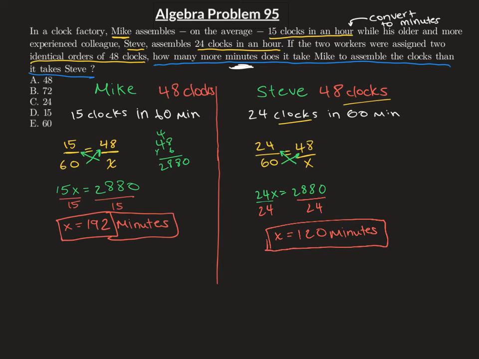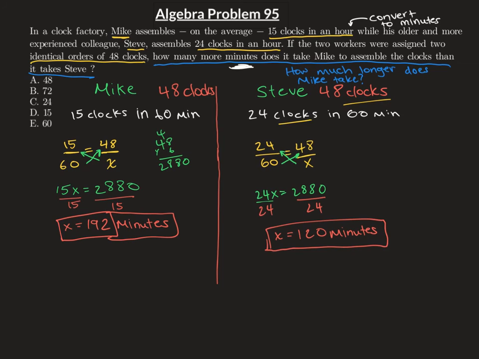So now we have both timings for how long it'll take each person. We're not at our final answer yet. Let's go back to the question. How many more minutes does it take Mike to assemble the clocks than it takes Steve? That's essentially asking how much longer does Mike take?